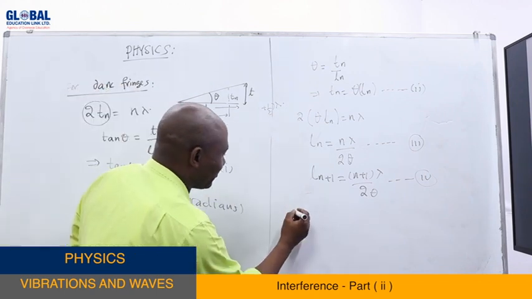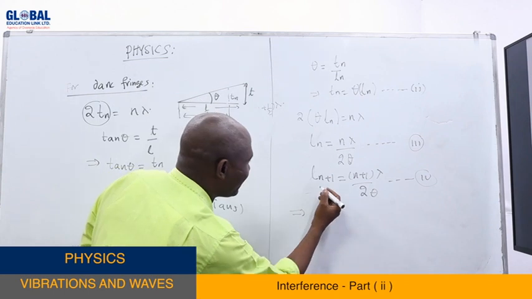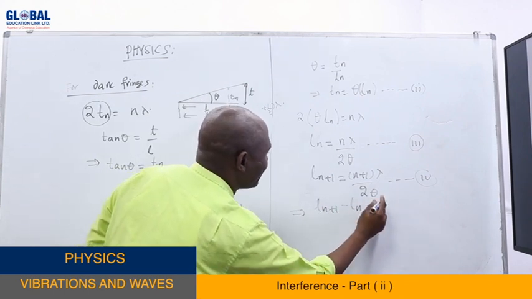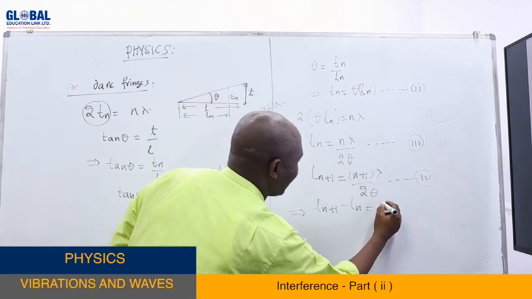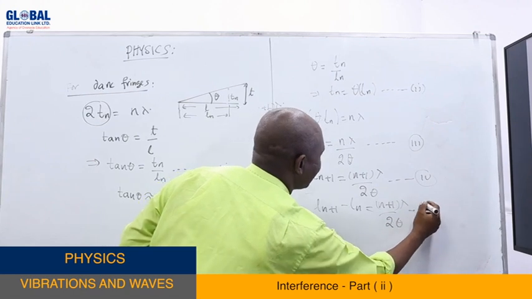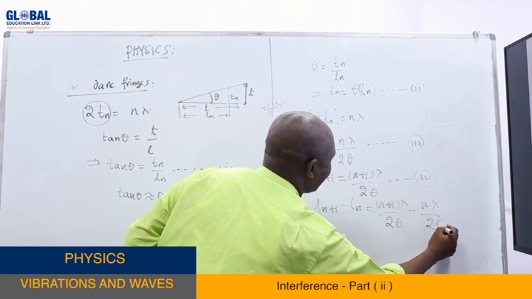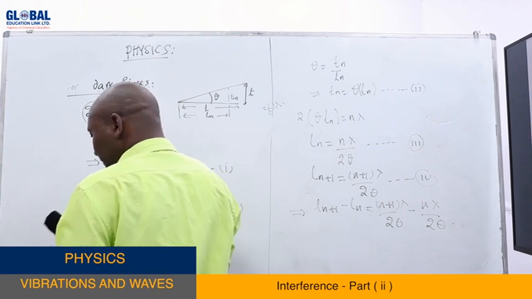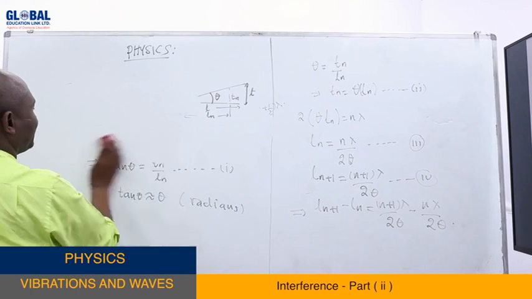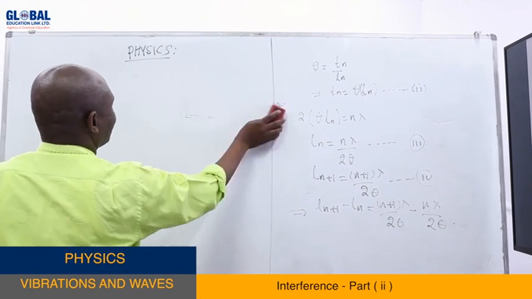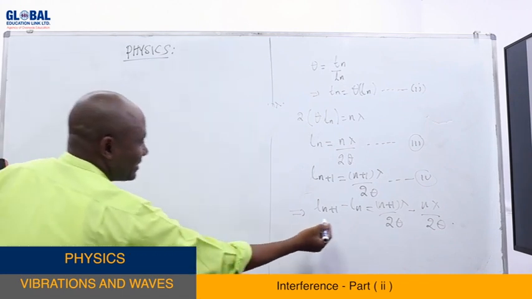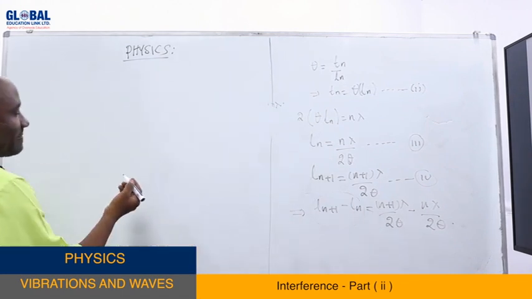So you find the difference here. Equation number 4 minus 3 gives us Ln plus 1 minus Ln, which is n plus 1 lambda over 2 theta minus n lambda over 2 theta. This difference is what we call the fringe separation.